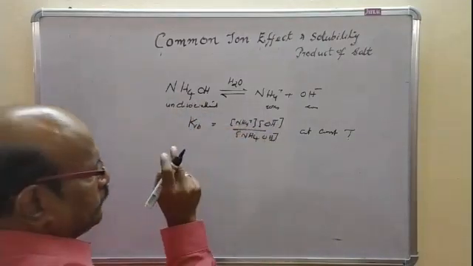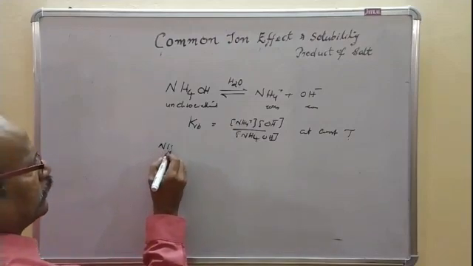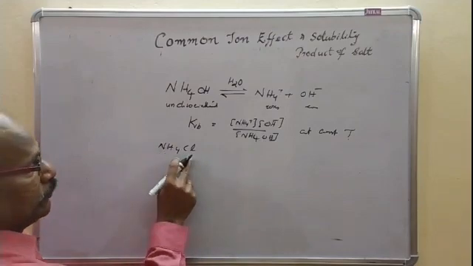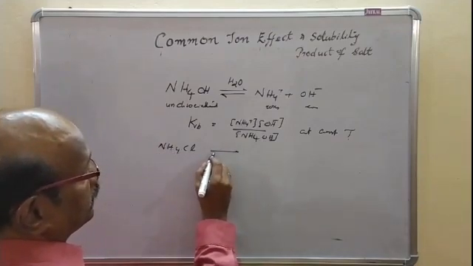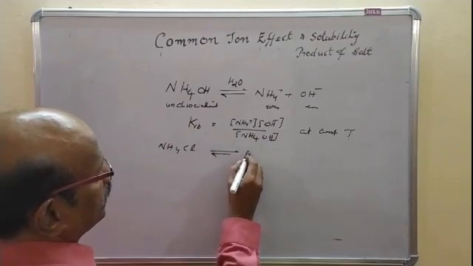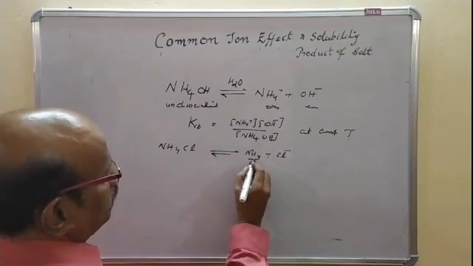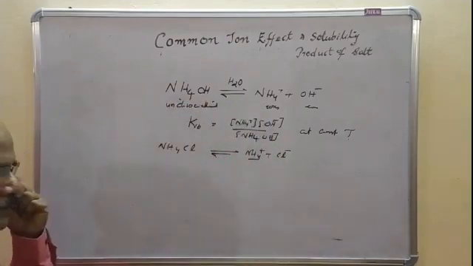Suppose we add another strong electrolyte like ammonium chloride in the water. You know that ammonium chloride is a strong electrolyte. It can furnish a large amount of ammonium and chloride ions, and this ammonium ion is an ion common to ammonium hydroxide.